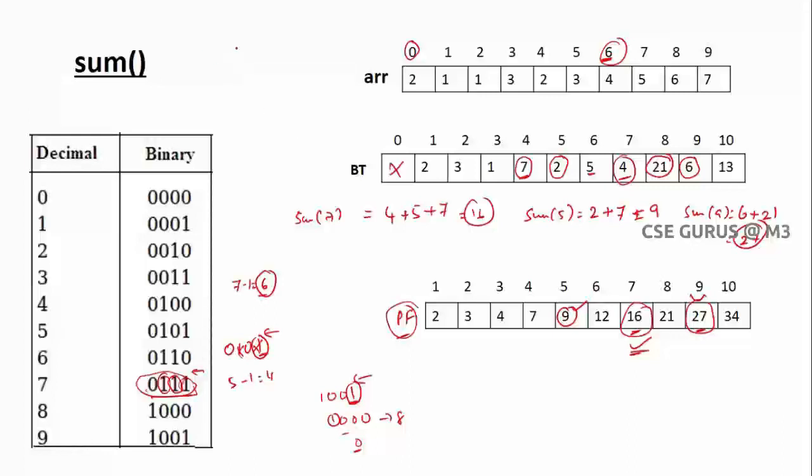Let us suppose I want to get the sum of the first 64 elements. First 64 means 2 power 6, right? So for 64 elements, what do I need to do? I need to go to the index of 64. Then I need to go to the index of 32. Then I go to the index of 16, right?